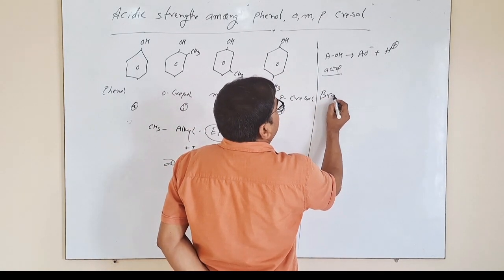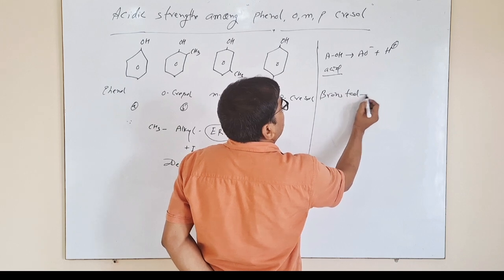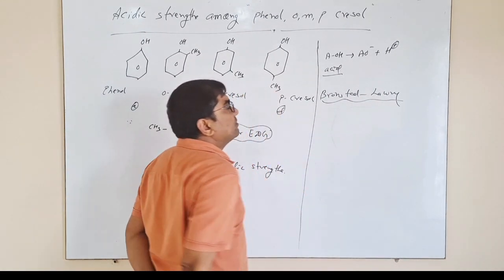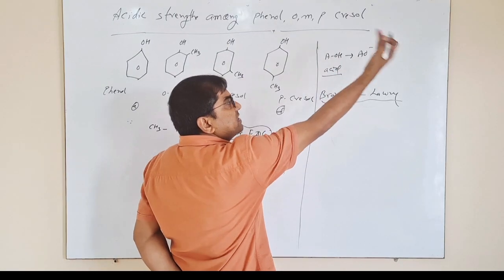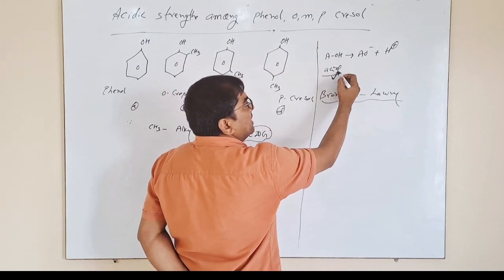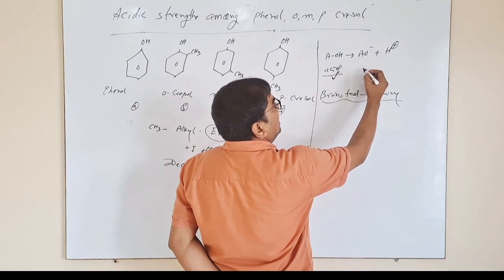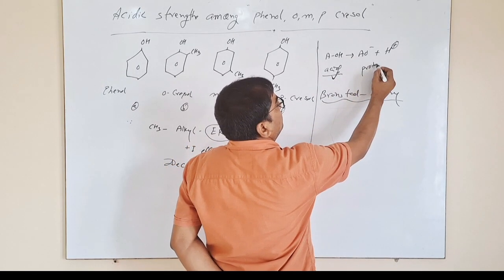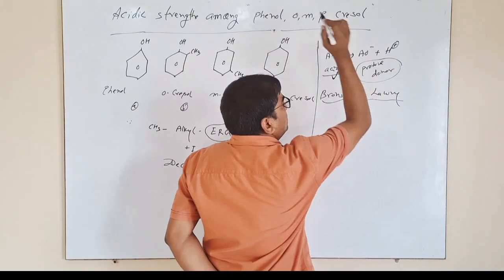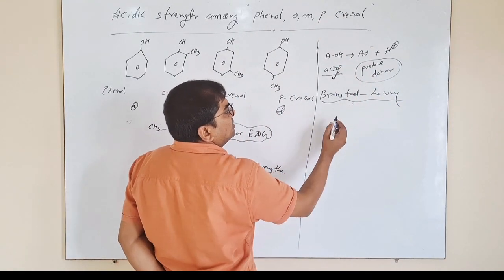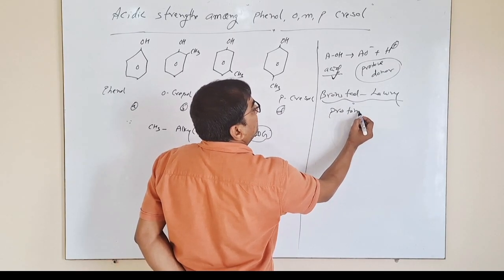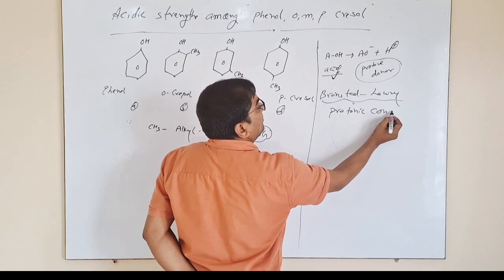As per the Bronsted-Lowry concept, when a compound releases a proton in its solution, it behaves as an acid, which means acids are proton donors. That's why the Bronsted-Lowry concept is also called the protonic concept of acids and bases.